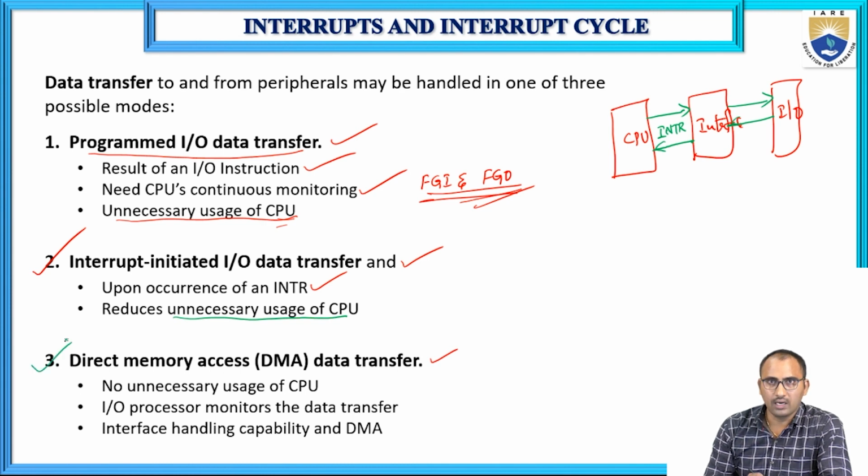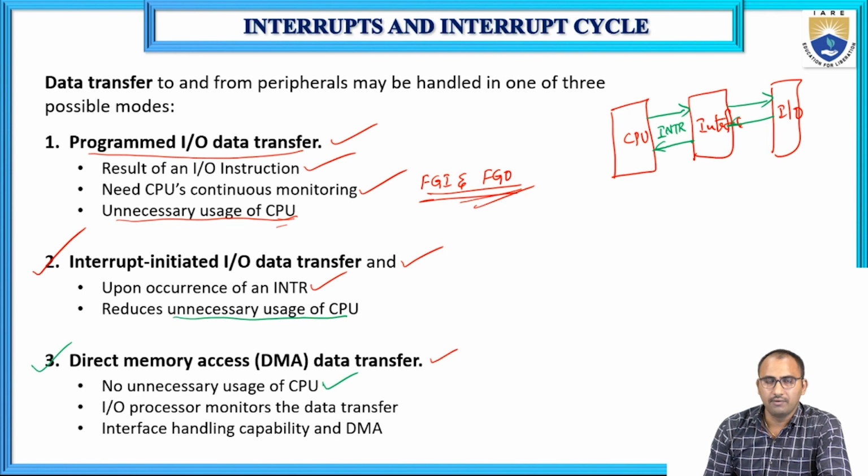Third one, direct memory access. So no unnecessary usage of the CPU. In direct memory access, we are transferring the data from the IO device to the memory without involvement of the CPU, because the CPU cannot handle a large amount of transfer.